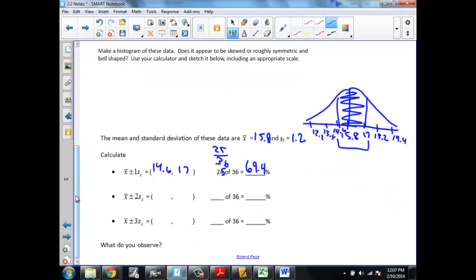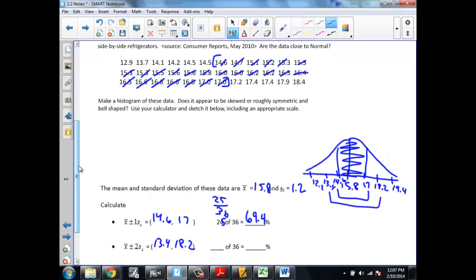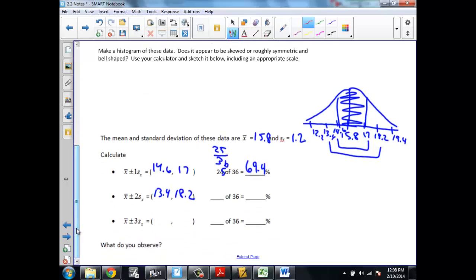So then I look at my second standard deviation. What's in between the second standard deviation? I'm from 13.4 to 18.2. I have 34, all but the last 2 of my 36. 34 and 36, we divide those, you get 94.4%.